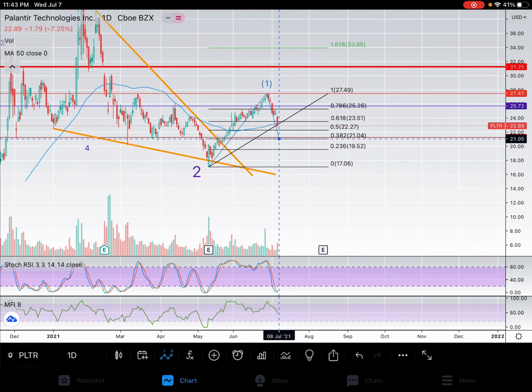So I think personally my game plan is to buy. We'll see what price action does on this 21.04 level.